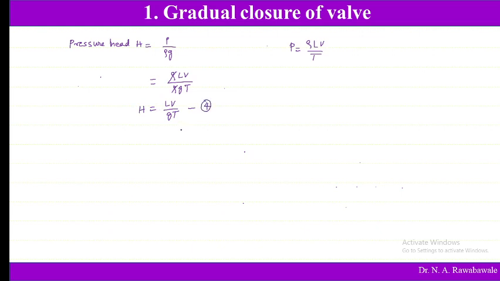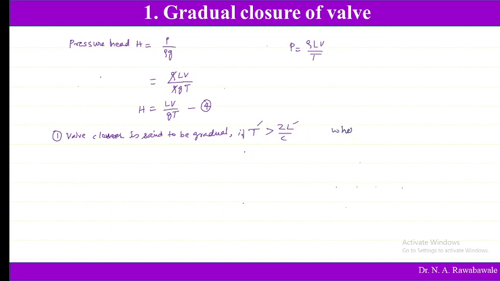Now, if we see here, case 1: the valve closure is said to be gradual only if the time taken T is greater than 2L divided by C, where L is the length of the pipe, T is the time taken, and C is the velocity of the pressure wave.